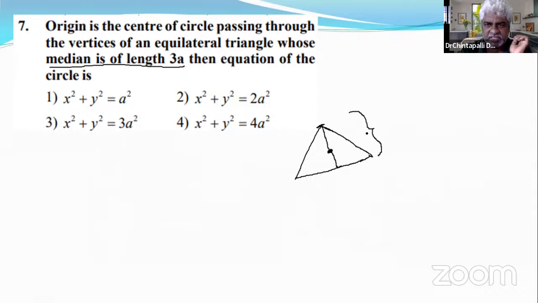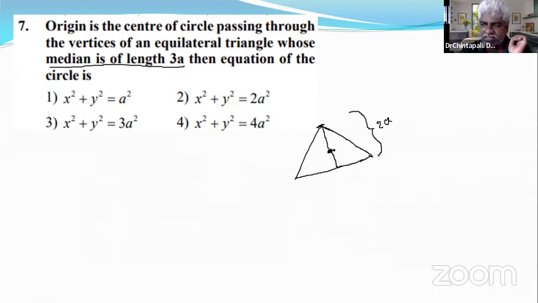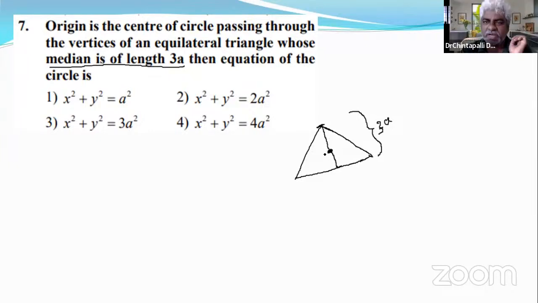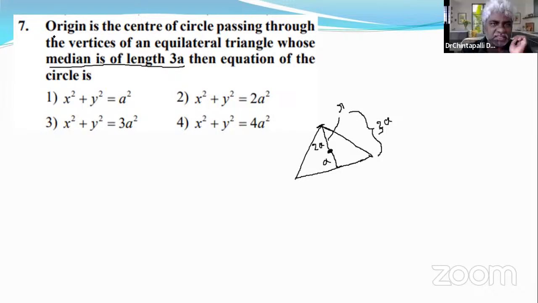So, divide this 3a length in the ratio 2:1. That means it is 2a and 1a. 2a plus 1a is 3a. That's why the radius r is 2a. The origin is the center. Origin means 0, 0.